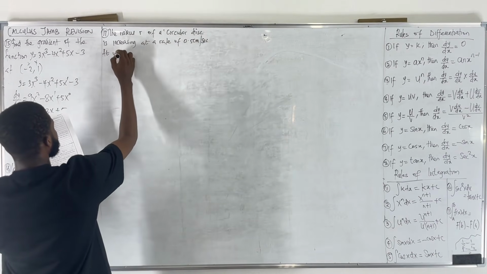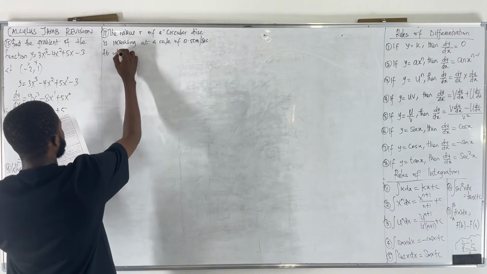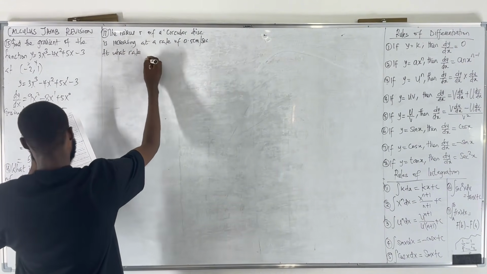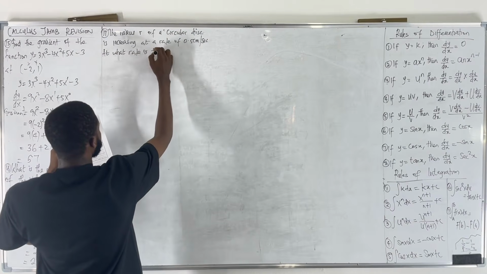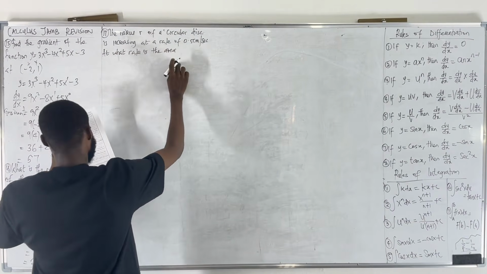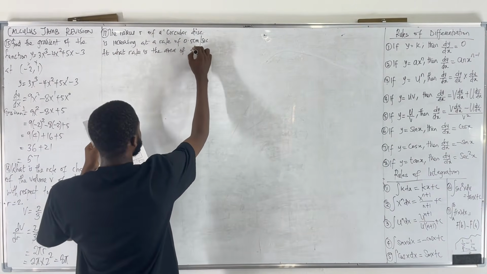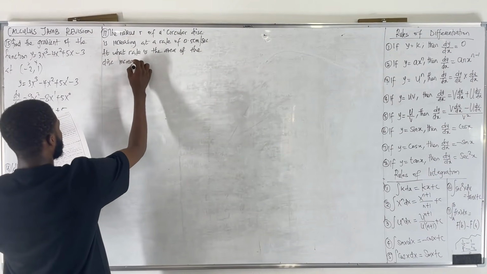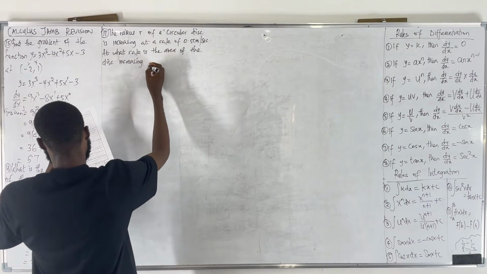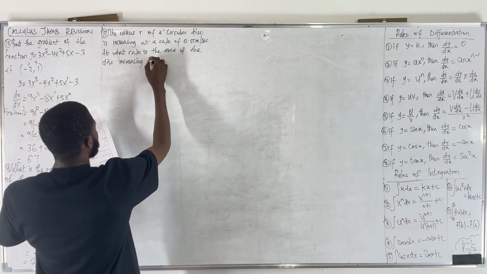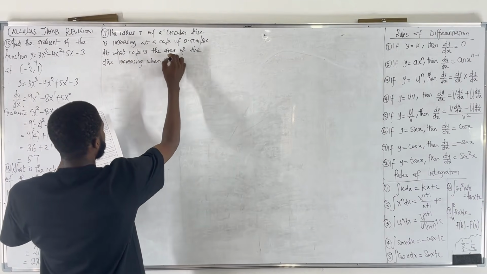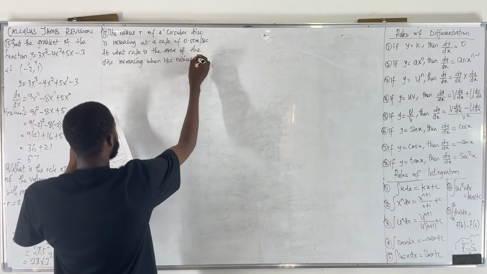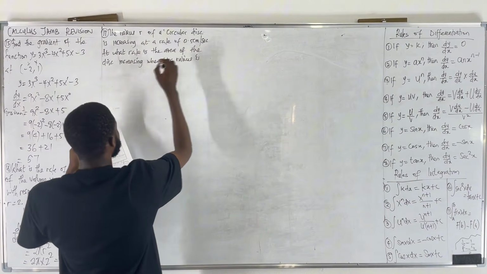At what rate is the area of the disc increasing when its radius is 6 cm?